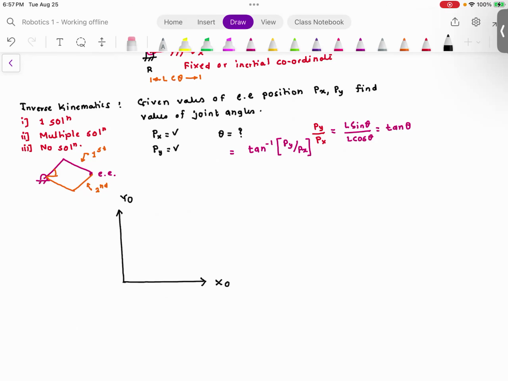And for the x naught and y naught coordinate system, the triad z naught is coming out of the board. And I'm going to find the rotated coordinate system, which is x1 and y1.